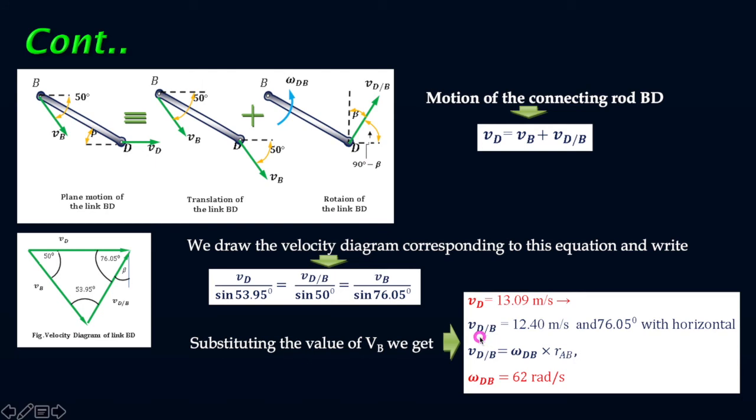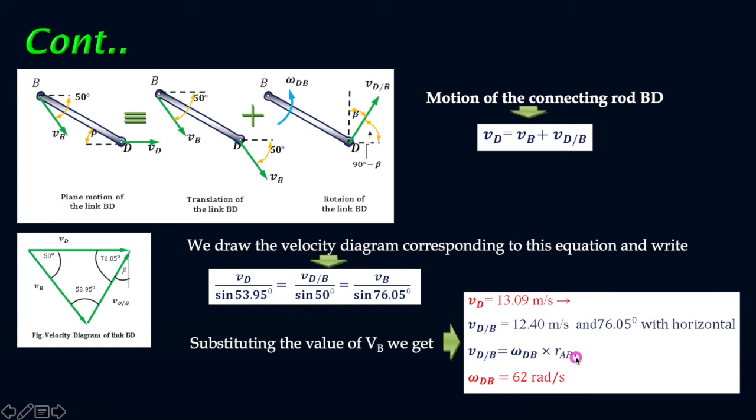And as we are getting VDB, we know that VDB equals omega DB times RBD. It is RBD, it is not AB. When it is DB, then this relation everywhere is for the DB link: the angular velocity, and the radius vector, whatever is given as the value of BD, 200.